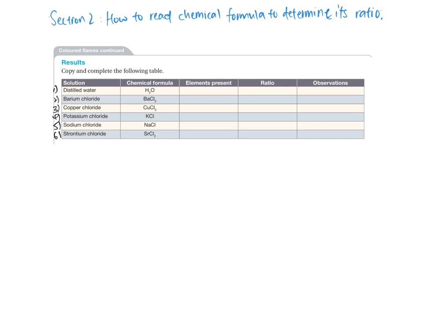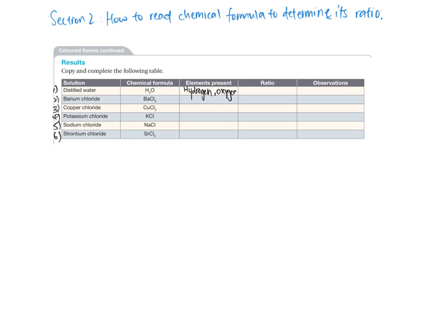So what happened is I'm going to do the first 3 and then you have to work out the remaining. So the first one we have distilled water. Distilled water technically means just pure water, so H2O. The elements present here are hydrogen, for your H2, and oxygen.